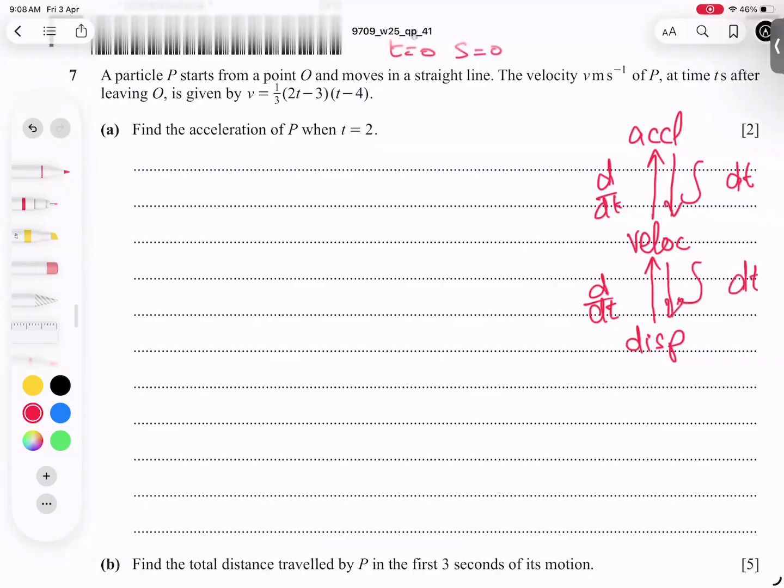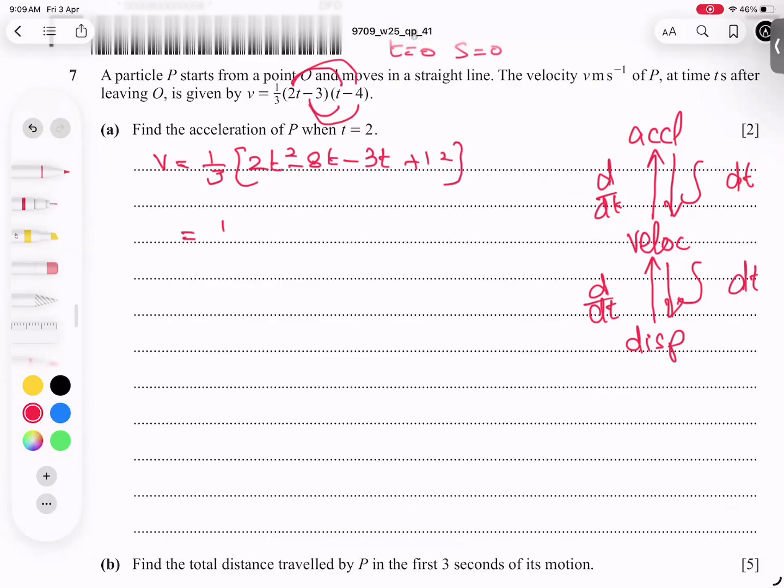Right now I am on the velocity level, and I'm looking for the acceleration level. I have to go for differentiation, but before that we have to multiply. So 2 into t is 2t squared, then negative 8t, then negative 3t, then positive 12.